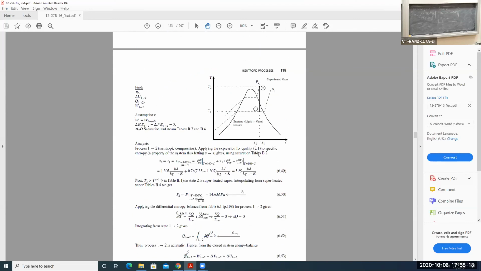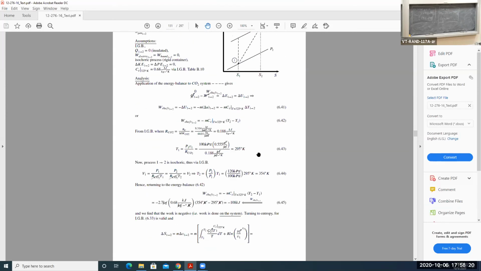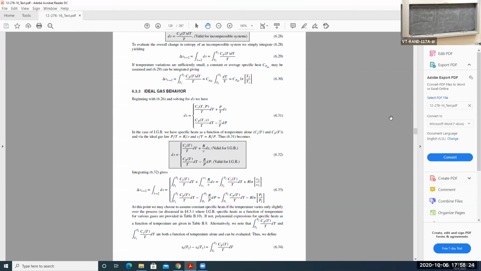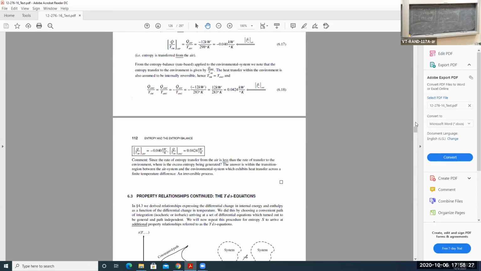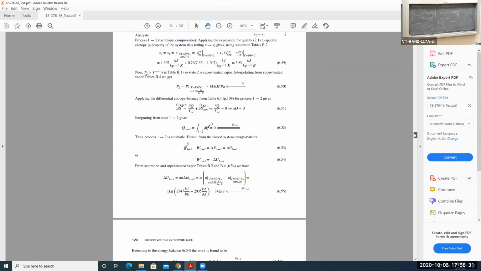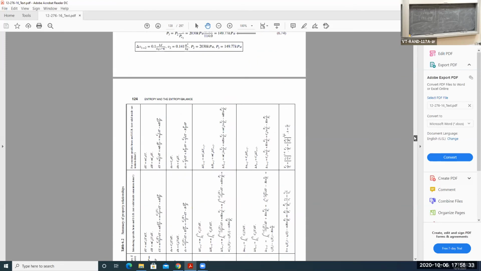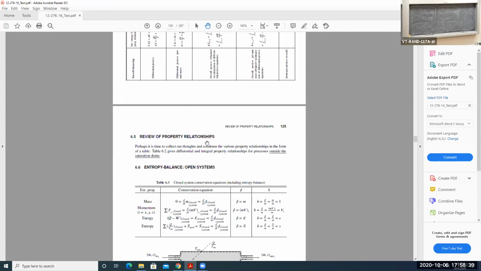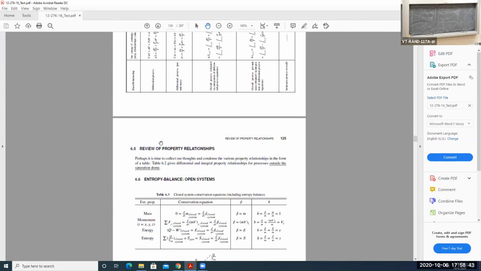It might be at the end of the chapter. I don't know where it is. I guess I have to look for it. There we go. Right at the end, we have the review of property relationships.